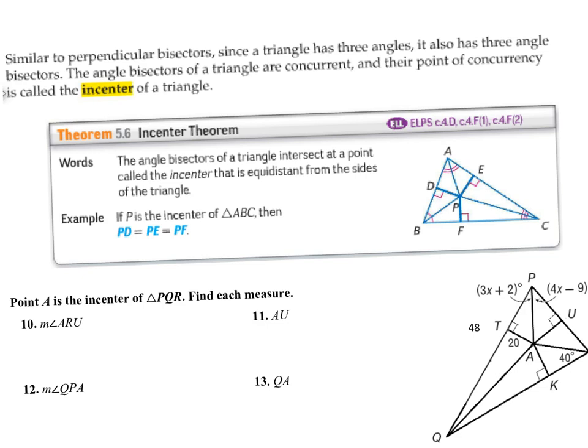That is to say that if P is the incenter of a triangle formed by the angle bisectors of AP, PB, and PC, then the distances from P to each of the sides, PE, PD, PF, are all going to be equal.